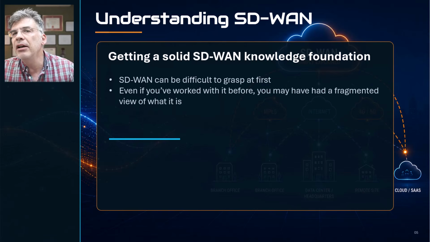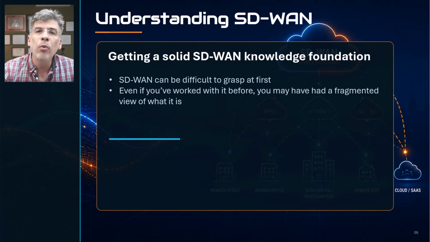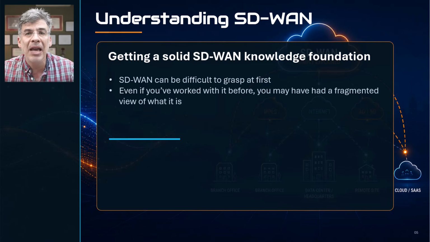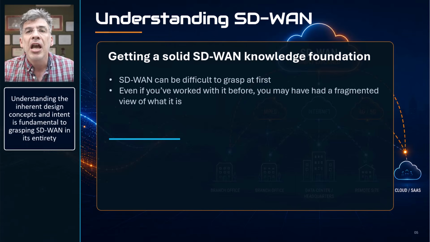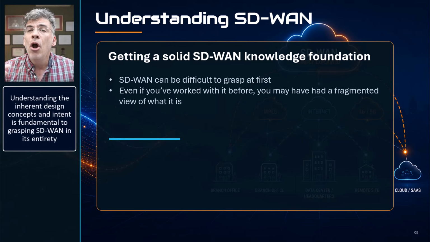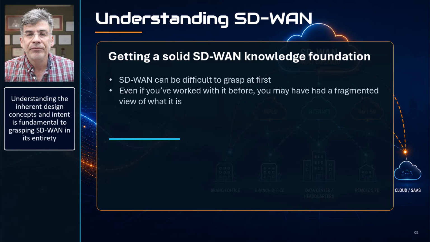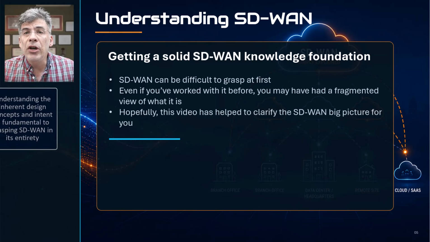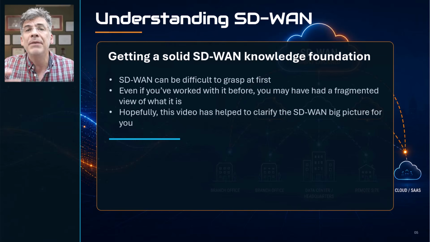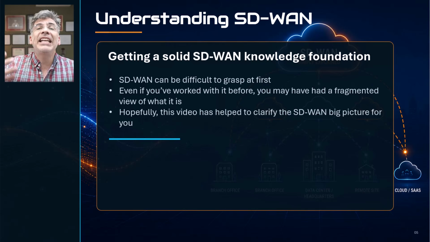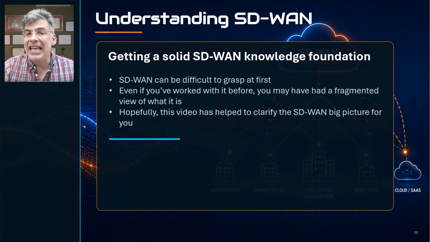One feature here, one vendor term there, one configuration task at a time, and so on. So you may have used parts of the technology without having a clear overall picture of how everything fits together. Hopefully, this video has helped to clarify the big picture, to remove some common misconceptions, and to fill in any gaps you may have had about what SD-WAN actually is.